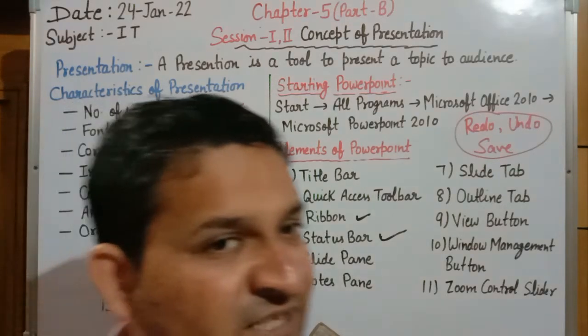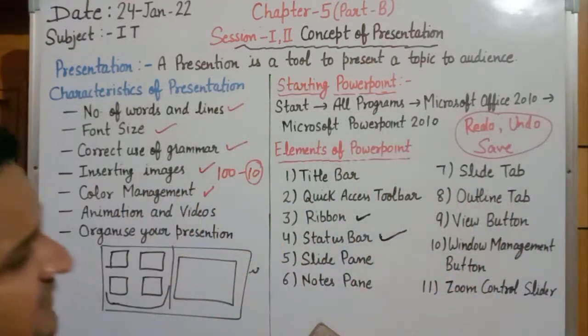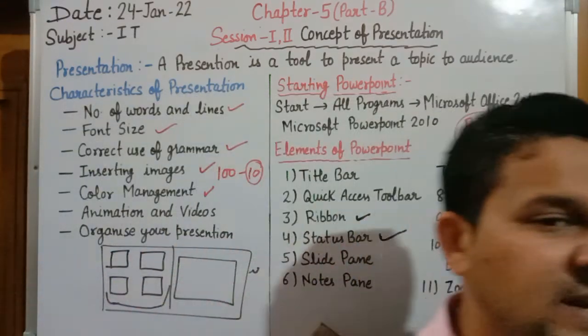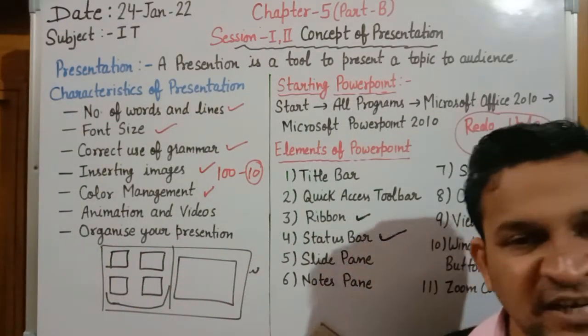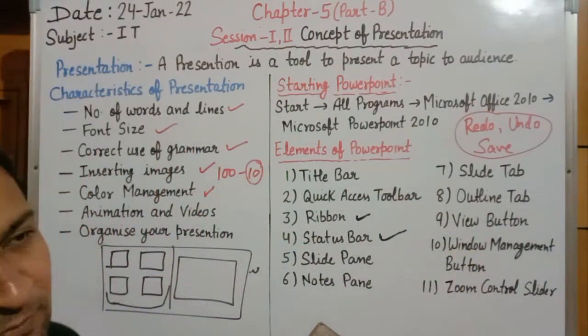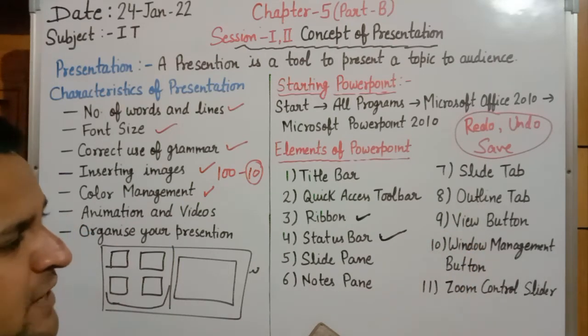From here we can rearrange the slides, add a slide, delete a slide. Outline tab will tell the outline of your document, in which it will display the main text that is written in your document. You can edit the text directly from here also. It will tell the outline of your slides.